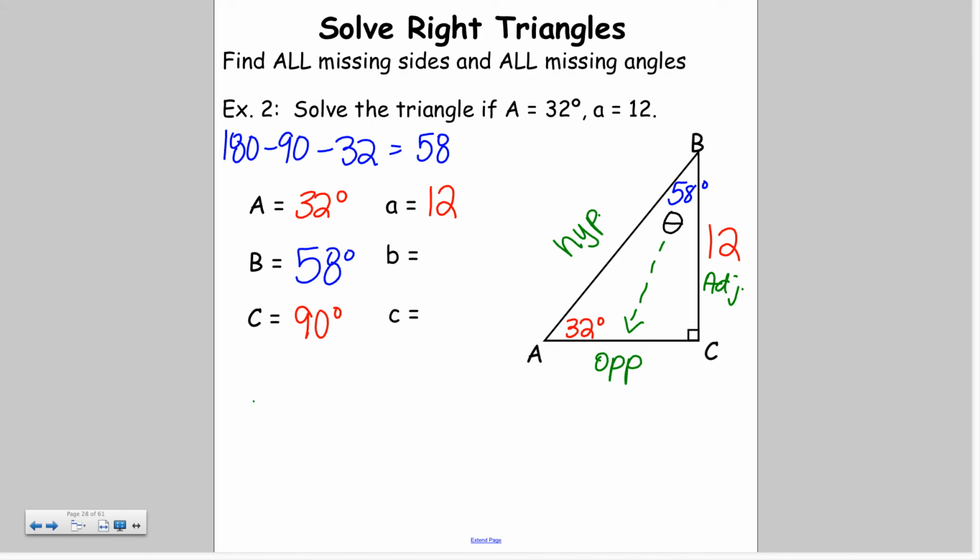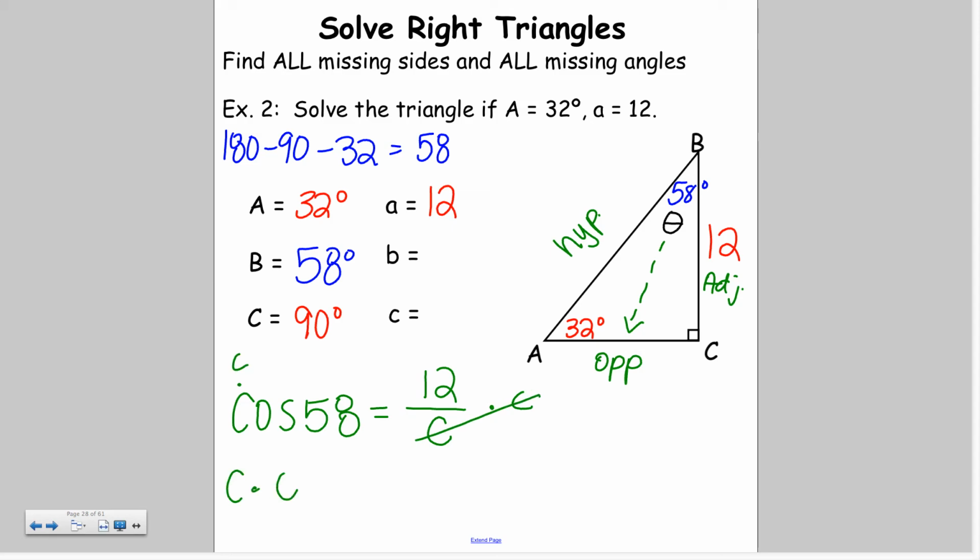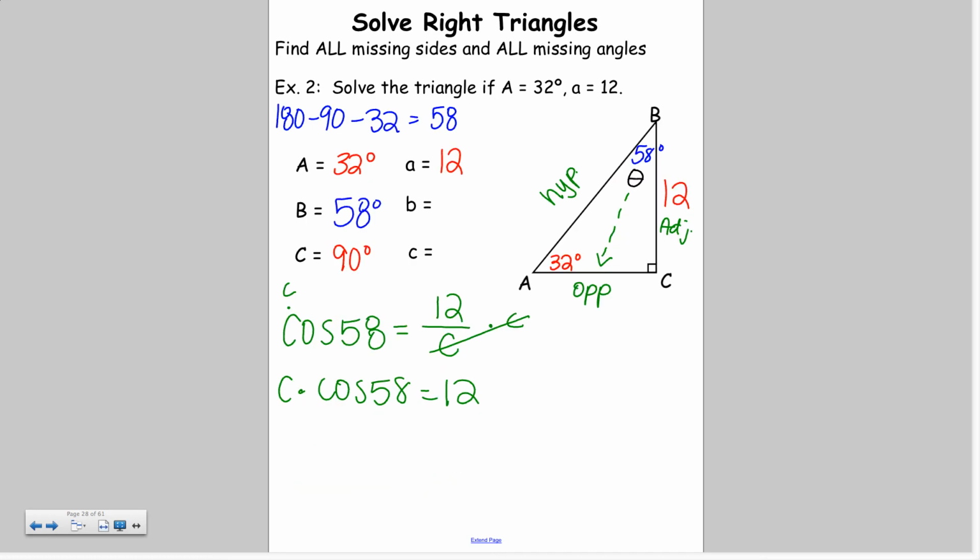So cosine of 58 degrees equals, we've got adjacent over the hypotenuse, which is side C. So I'm going to get C out of the bottom and divide by the cosine of 58.